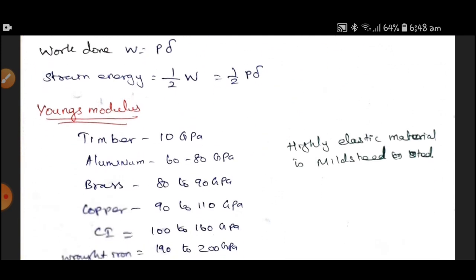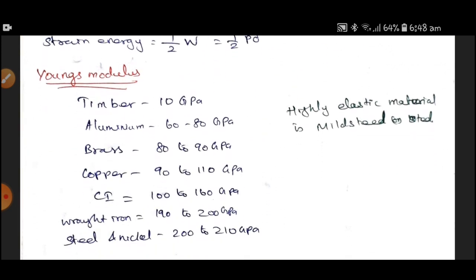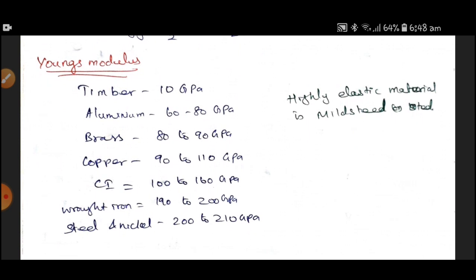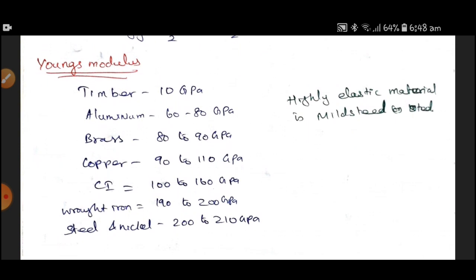Here, I would like to quote the Young's modulus of different materials. For timber, 10 gigapascal, aluminum 60 to 80 gigapascal, brass 80 to 90 gigapascal, copper 90 to 110 gigapascal, cast iron 100 to 160 gigapascal, wrought iron 190 to 200 gigapascal, steel and nickel 200 to 210 gigapascal.